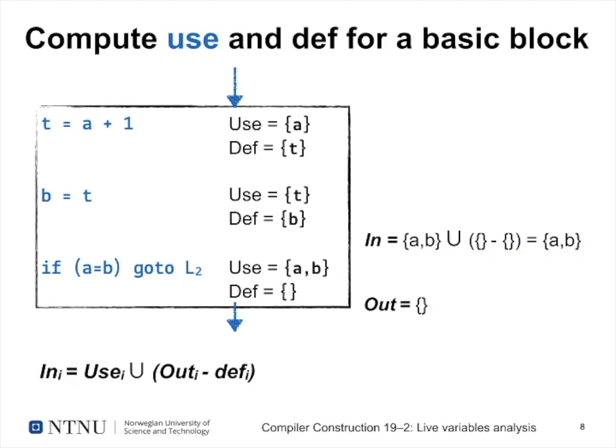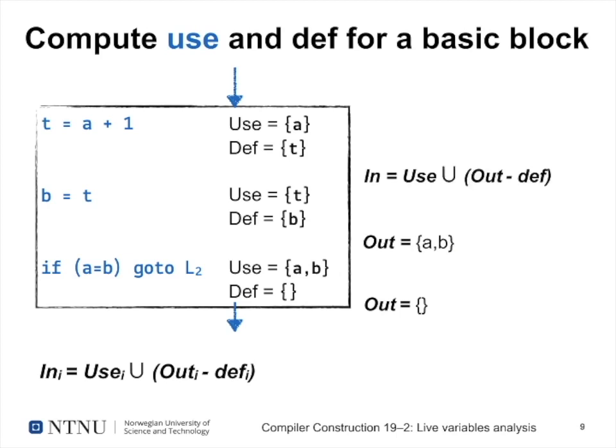So now we can go backwards through the instructions in our basic block to look at the next instruction before the if. So we know out was AB, so given the out and the information we obtained about this instruction, use and def, we can again apply our formula and replace the variables by our concrete values we've determined already.